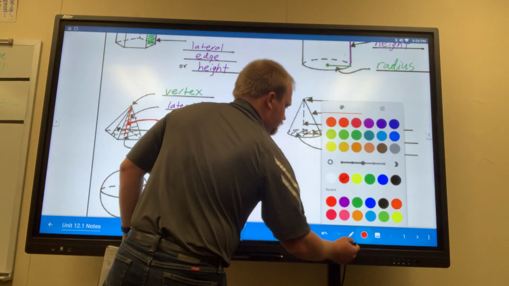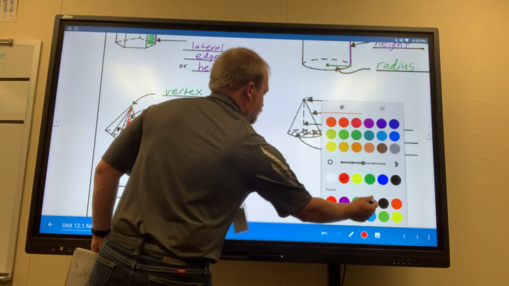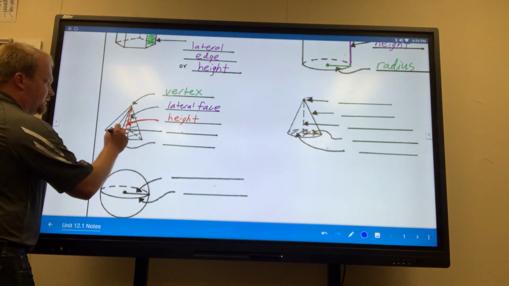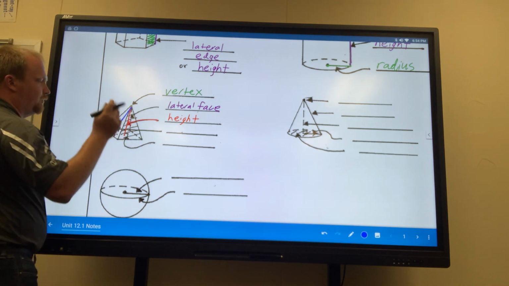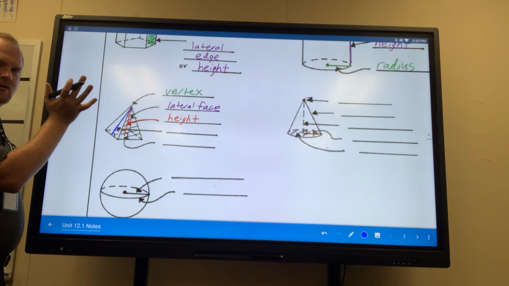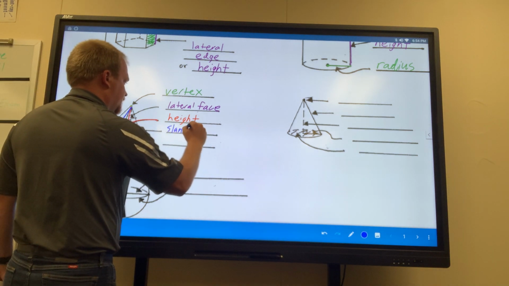Now, if I go a little bit further, let's make it blue. Looking at this part right here, see how it's kind of more slanted? That's a word we use because it's called a slant height.